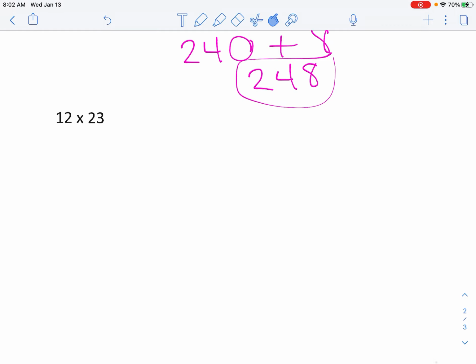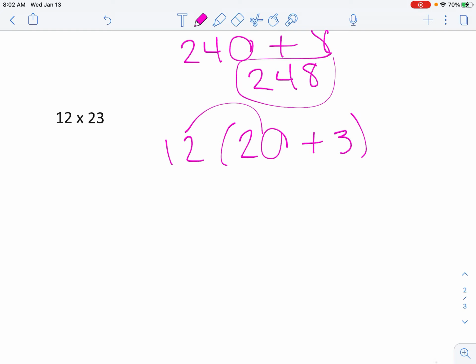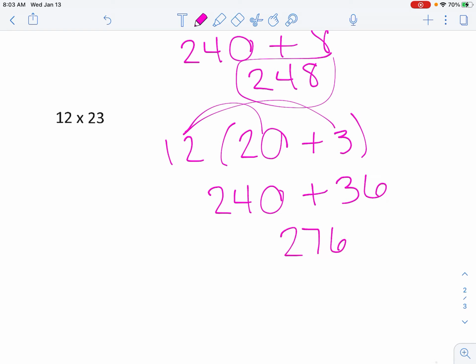If I asked you to multiply 12 times 23 in your head, that would be pretty hard. But if we break the number 23 down into 20 plus 3, I know 12 times 2 is 24. So add a 0 to that number, we get 240. And we all know 12 times 3 is 36. Add those two together, we get 276.